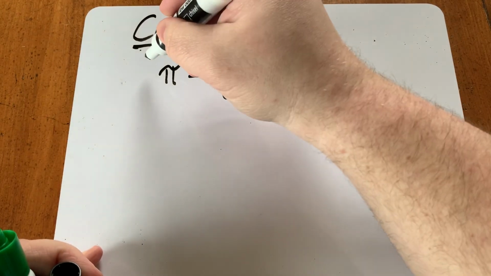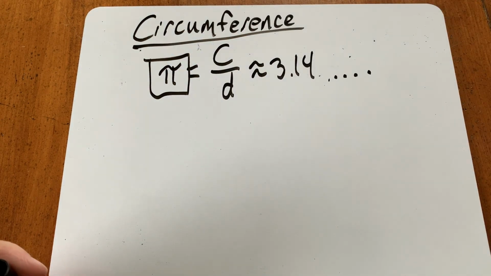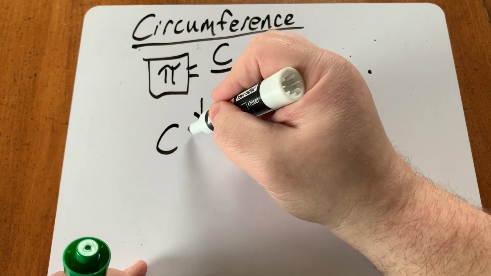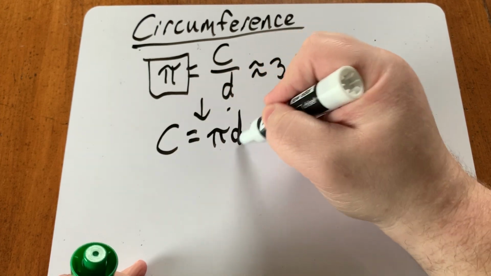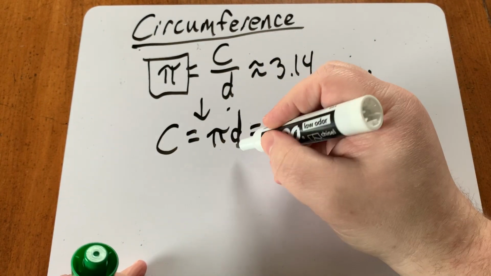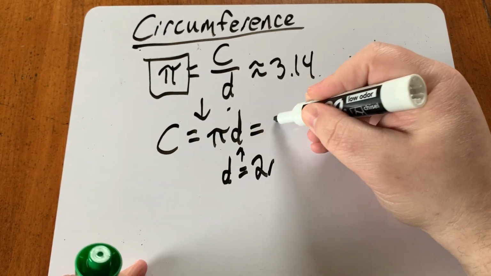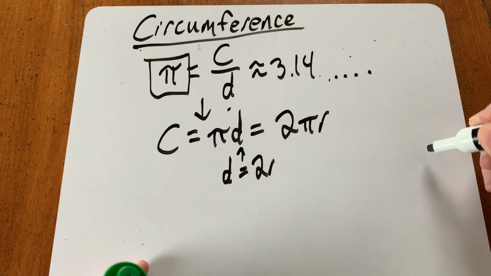In this course, unless it specifically asks you to, or the situation does not merit using the number pi, we will leave everything in terms of pi. So, if we simplify that expression to circumference equals pi times the diameter, and the diameter is 2 radii, so the circumference could be 2 pi r.